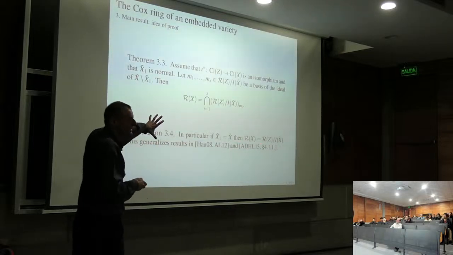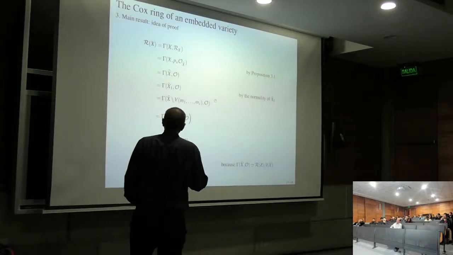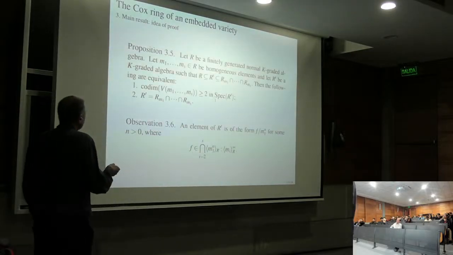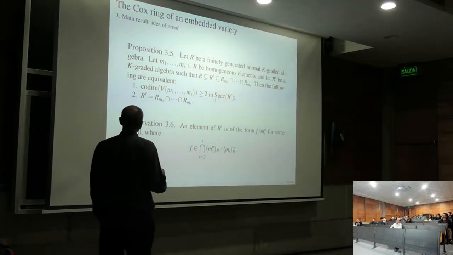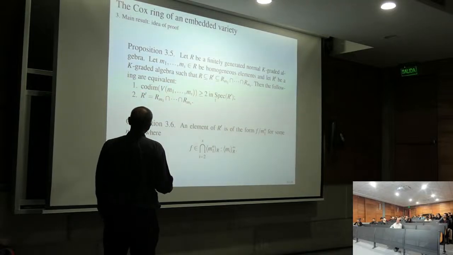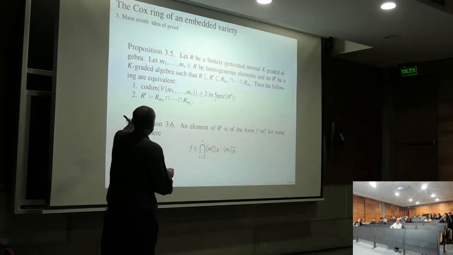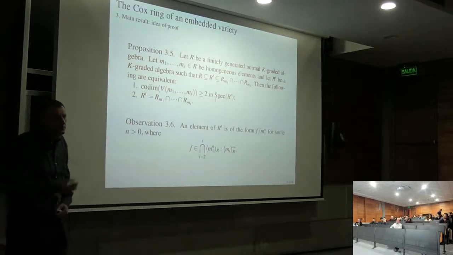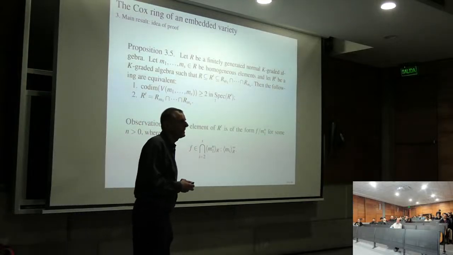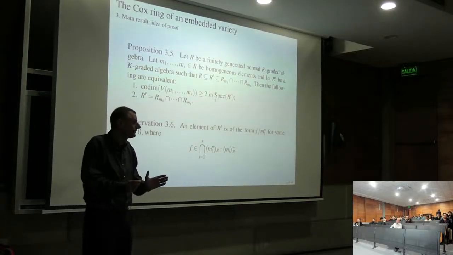So following the same idea, we can show that the only thing that we have to check for guaranteeing that R prime is equal to this intersection of localizations is that the codimension of this locus, so the vanishing locus of these elements, is at least 2 inside Spec of R prime. So this is a kind of criterion that we can use for saying, okay, we have the Cox ring of the embedded variety.